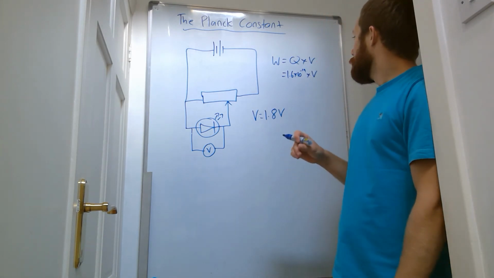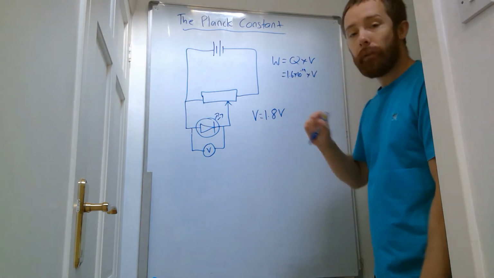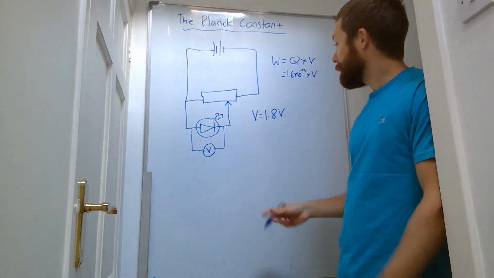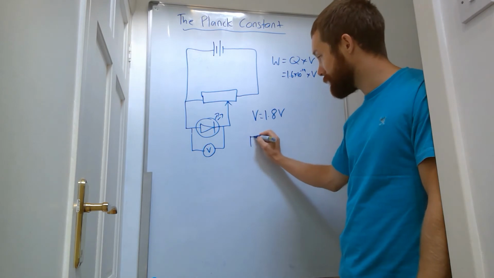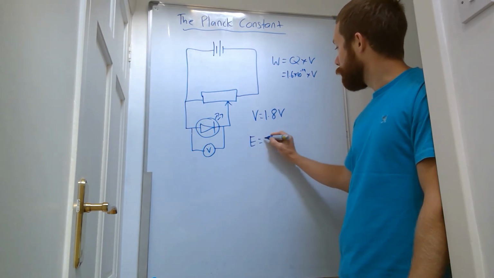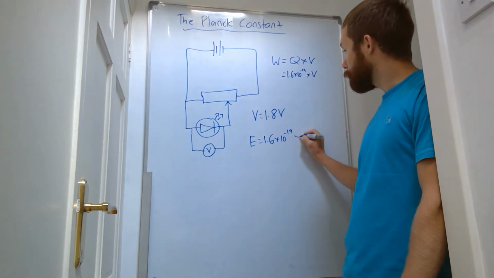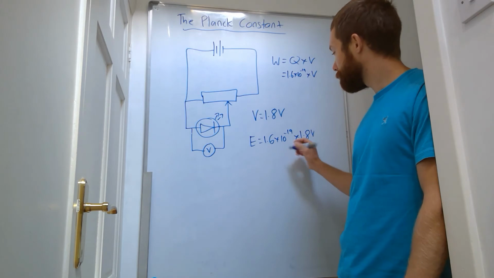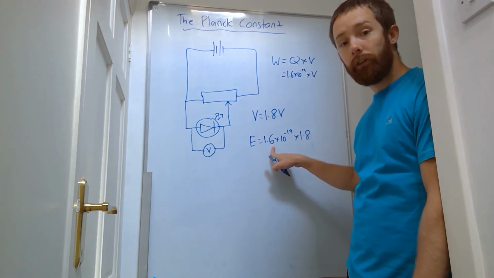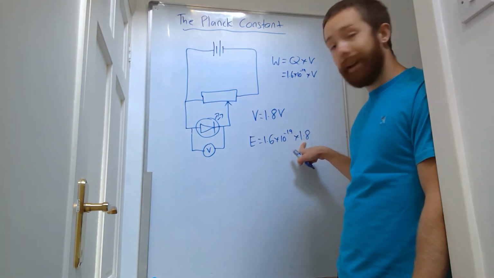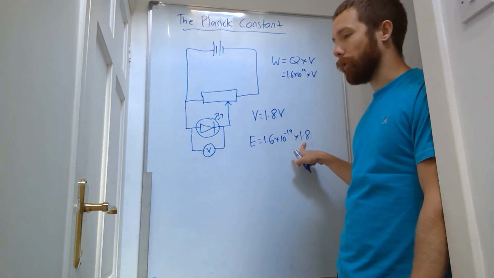So if we look at our equations there, the amount of energy that electron has, if this was our threshold voltage, would be equal to 1.6 times 10 to the minus 19, the charge of an electron, multiplied by 1.8 volts. That is the amount of energy that electron has lost as it has dropped across its 1.8 volts, or 1.8 joules per coulomb, of potential difference.